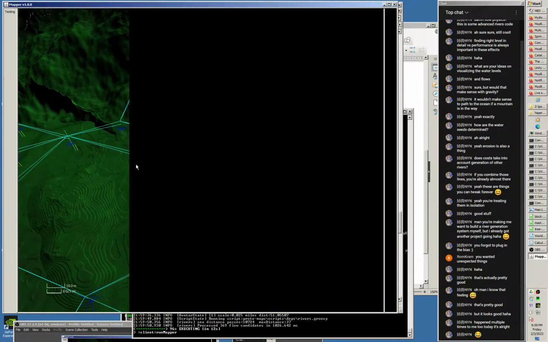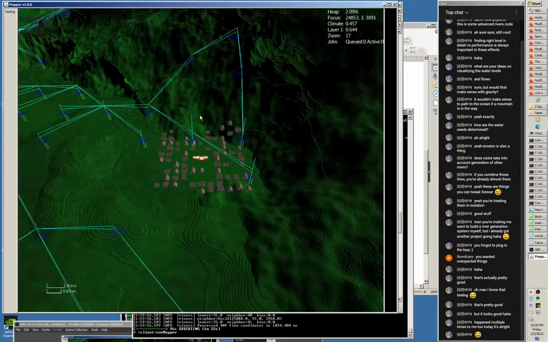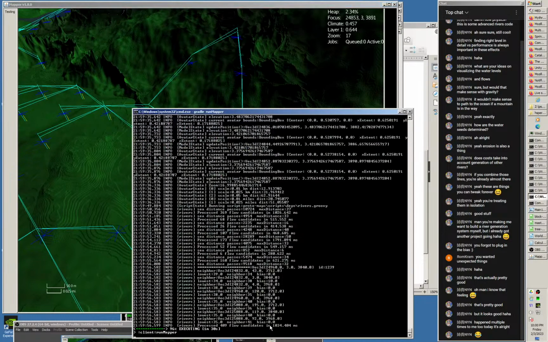So let's check, why is it going uphill? I think I turned myself, yes. So we're going directly north, so negative z. There it is. So we started off at 3840, 24,960.